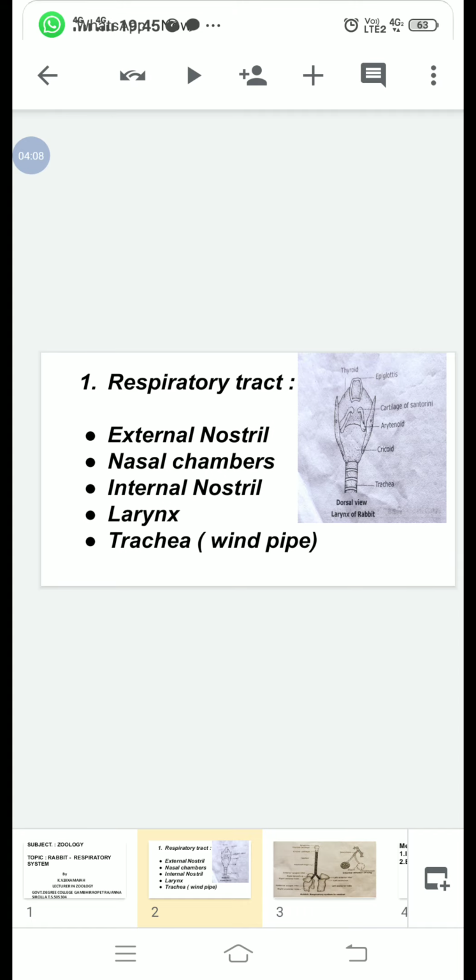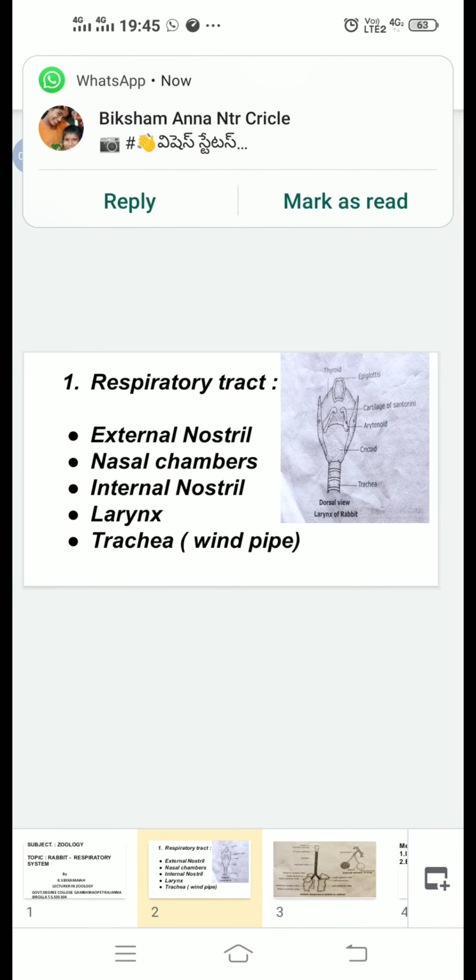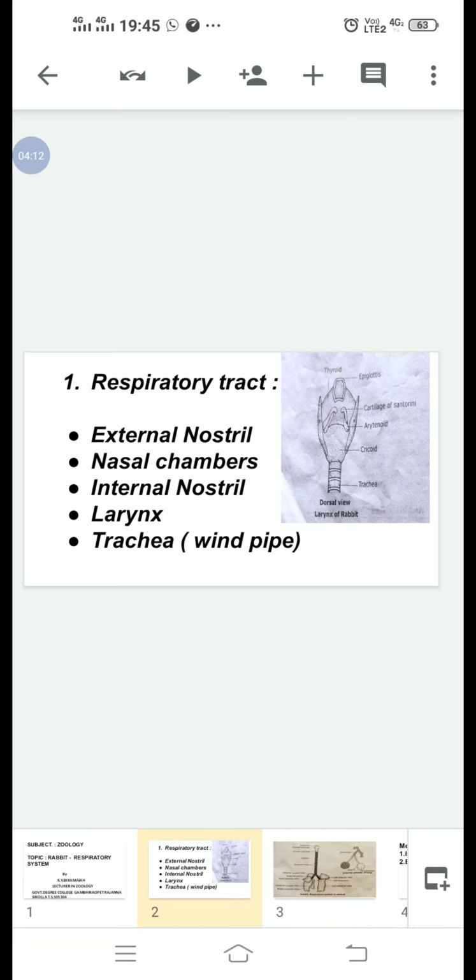Two, the nasal chamber functions as an air conditioner to bring up the temperature of the inhaled air to that of the body.